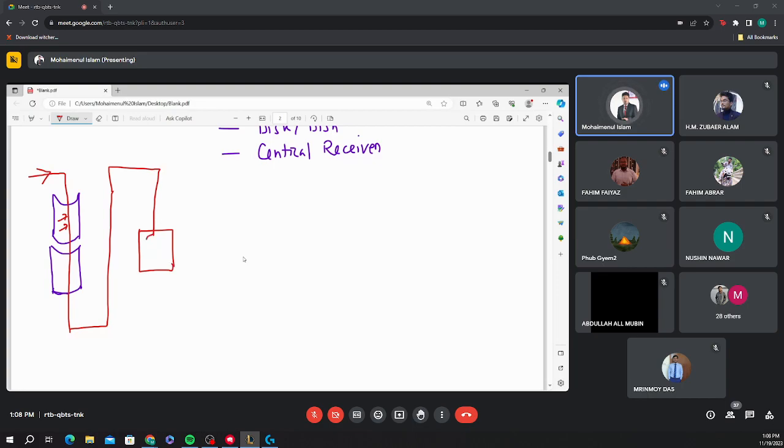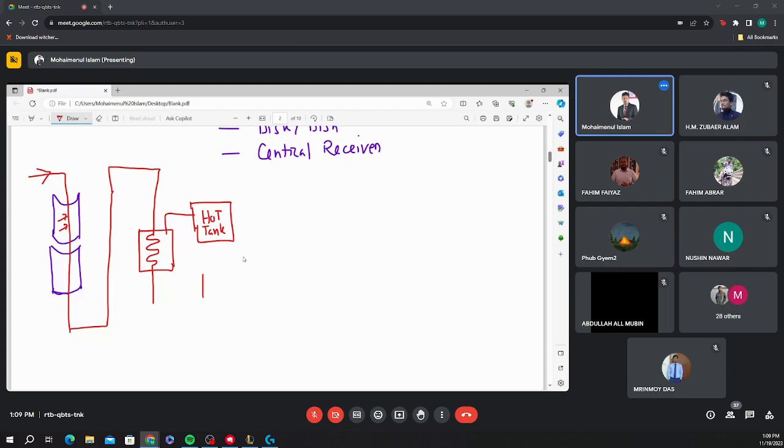suppose this is our container. It exchanges the heat. So there should be two tanks. One is called hot tank, and another is called cold tank.